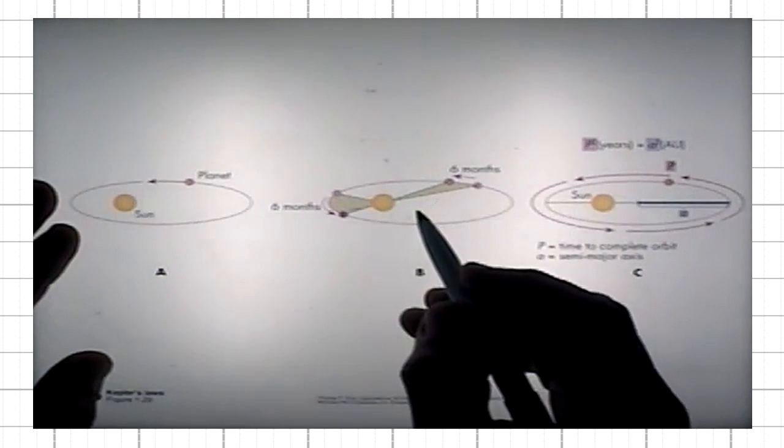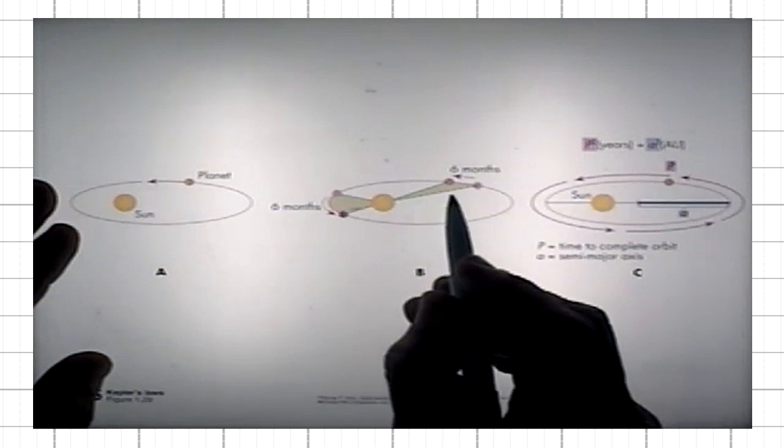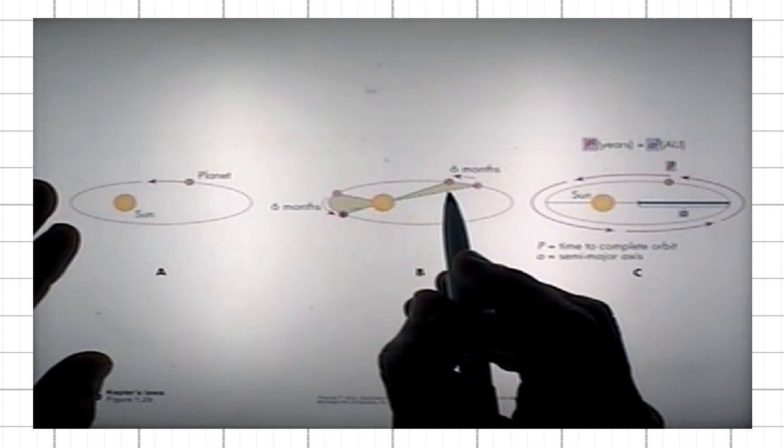The second Kepler's law tells that the speed of the planet along its orbit varies in a very precise way. And that is that the line joining the planet and the sun sweeps over equal areas in equal times.